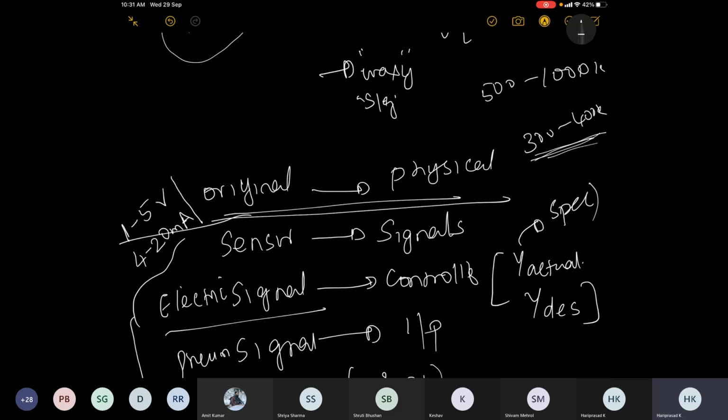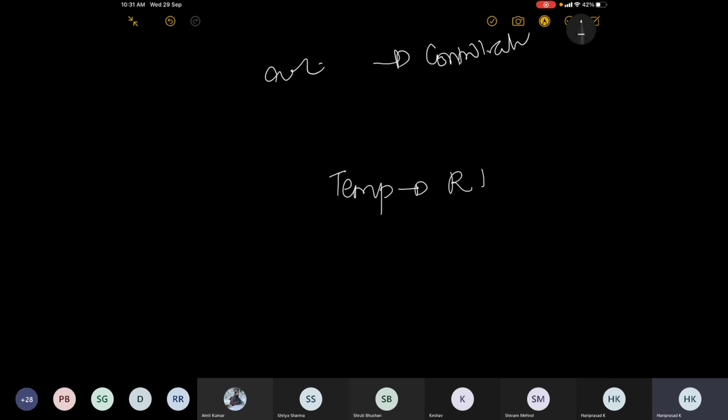This is the sensor that you would buy in that context. Let's say if you want to operate between 300 to 400, you will not use that temperature sensor. So mostly used temperature sensors are RTD, which is resistance temperature detector or device, whatever you call, or the other one is thermocouple.